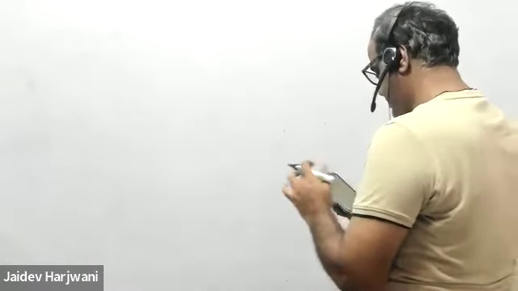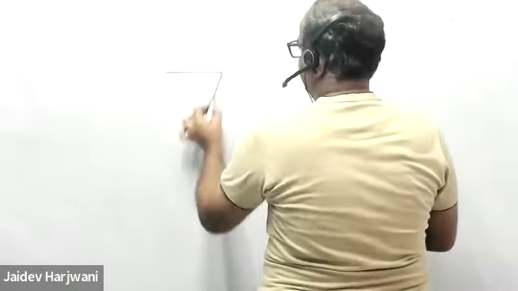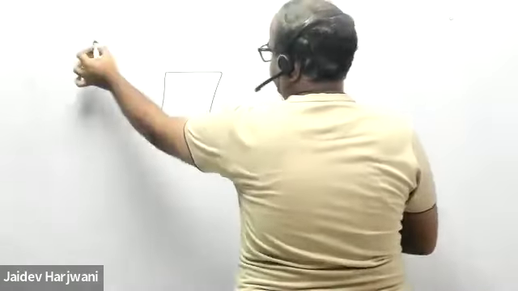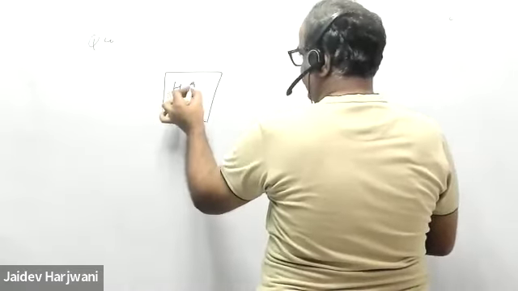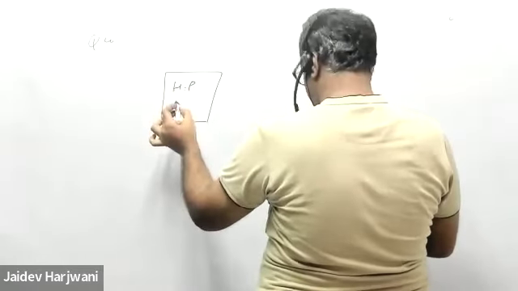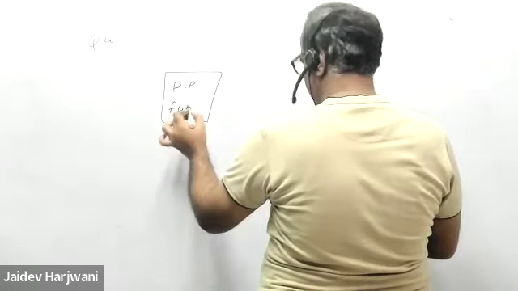Question number 20. Consider a low pass and a high pass filter with cutoff frequencies FLP and FHP. Here is a parallel condition for A and B. Which of the following signals is correct? We already did this. This is your high pass filter, FHP.